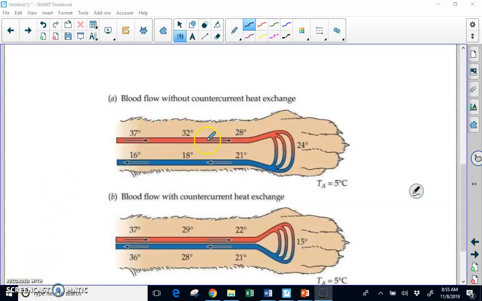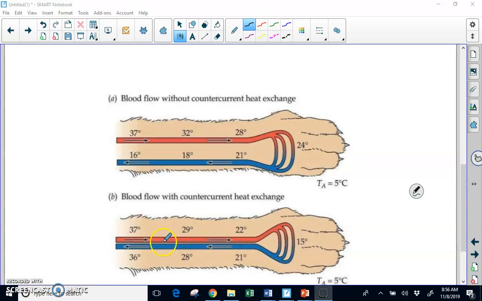So the last method that endotherms use to keep their body temperature is called countercurrent heat exchange. Let's look at this dog's paw. Blood vessels that are carrying oxygenated blood from the heart contain warmer blood. And they run parallel or anti-parallel to blood that is colder and returning back to the heart to get oxygen.